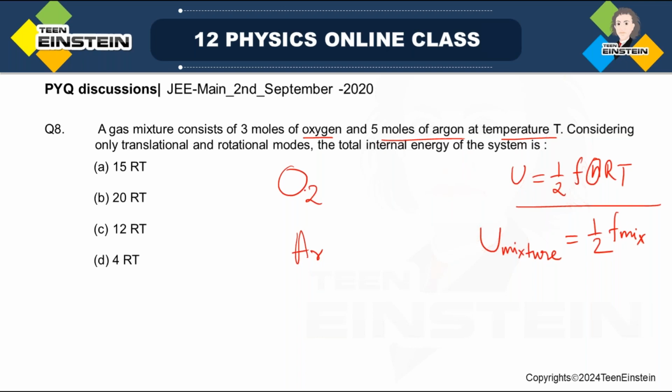Here there are 2 gases, so what will be the degrees of freedom of the mixture? And you have to find the total number of moles after mixing.